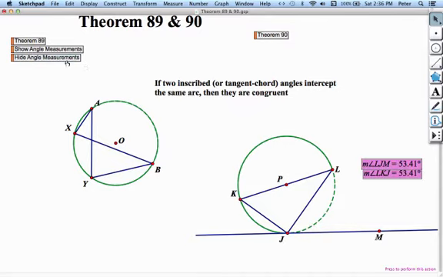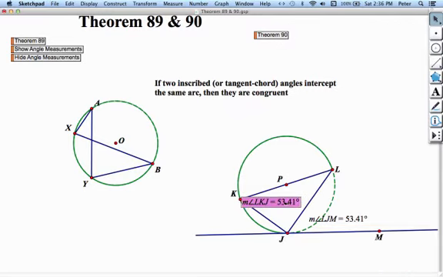Let's take a look at what the geometry sketchpad measured for us. And sure enough, LJM is 53.41 degrees, and LKJ is also 53.41 degrees. I'm not going to prove these for you because it's rather self-evident that if two angles are intercepting the same arc and they're both half the measure of that arc, that they're congruent.